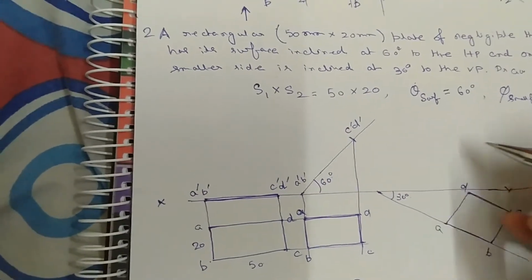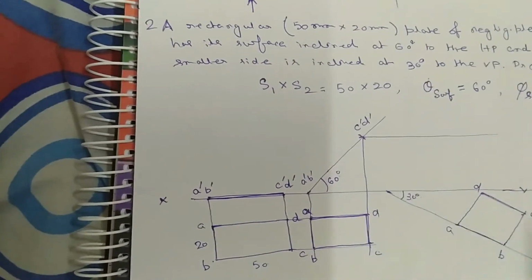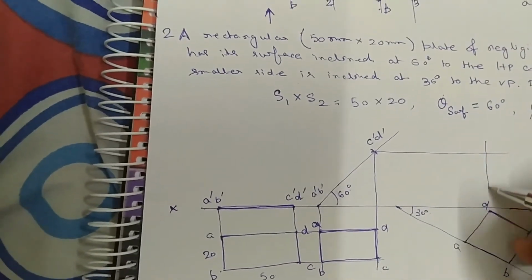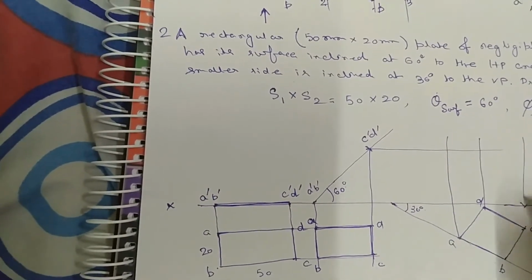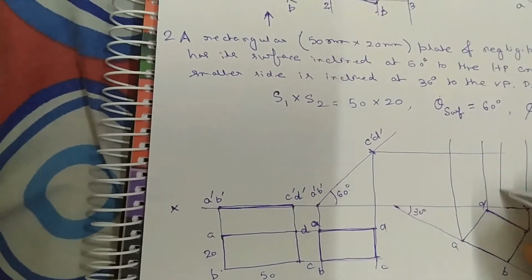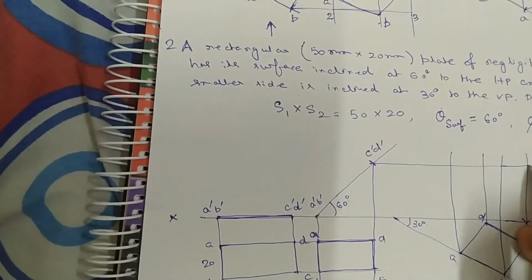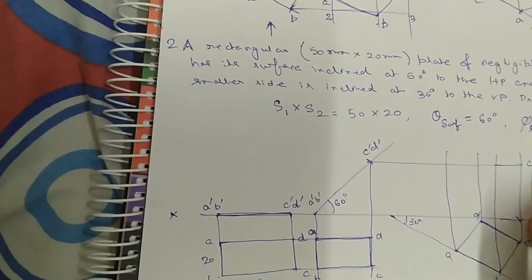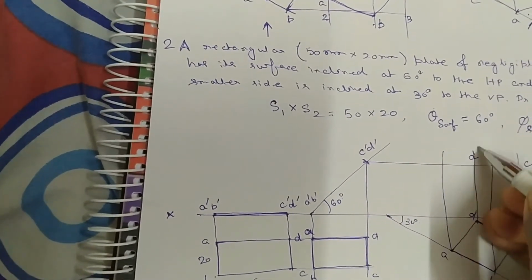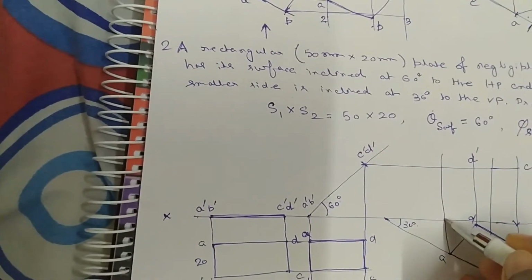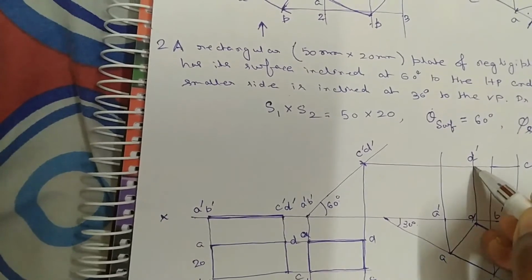So what will be our final top view? We will just extend all the points over here: D, A, C, B. So this is C dash, this is D dash, this is A dash, this is B dash.